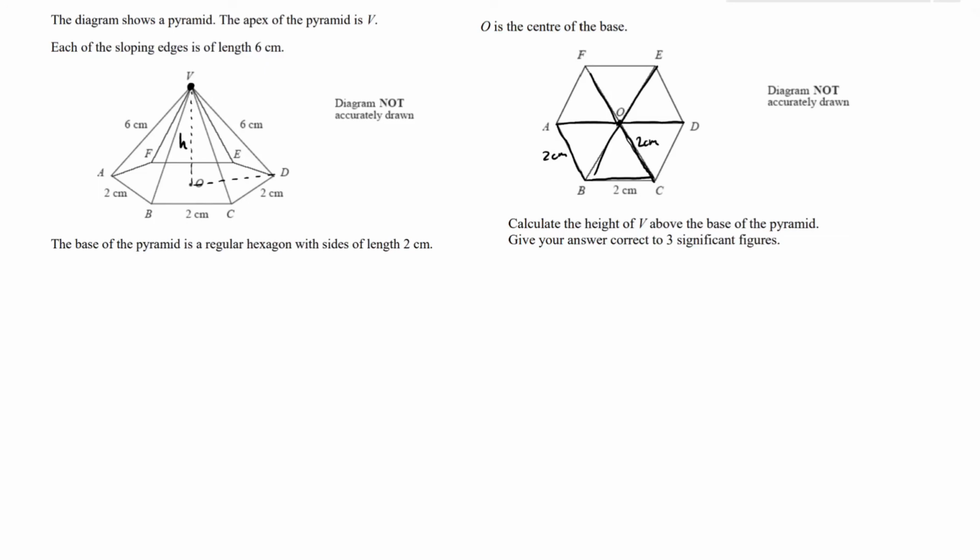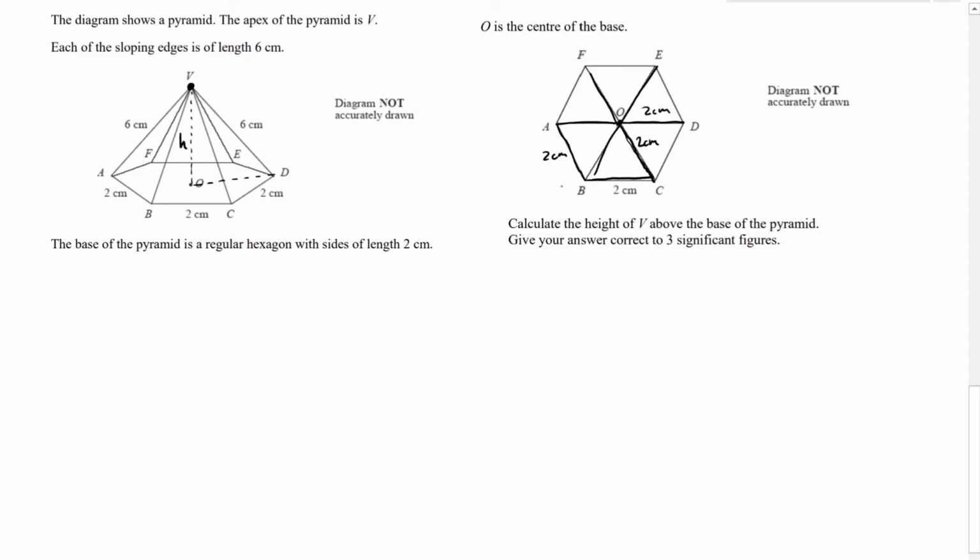And what that means is this distance here from O to D that I've drawn along the base is actually 2 centimeters. And so I don't actually need to do anything three-dimensional in this case, because I can spot this little geometric trick.